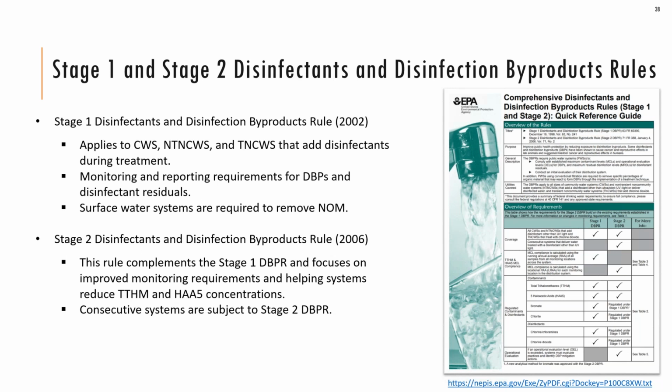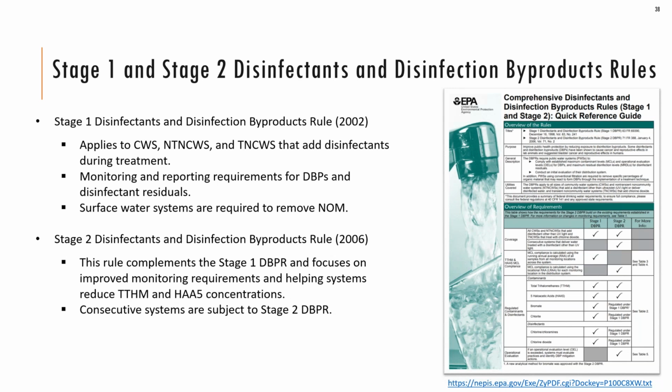Water systems were required to develop a monitoring plan for disinfectants and DBPs and monitor their water by collecting samples and having them analyzed and reporting drinking water quality results to their state. Systems using surface water sources had an additional requirement where they had to meet TOC or natural organic matter removal requirements.